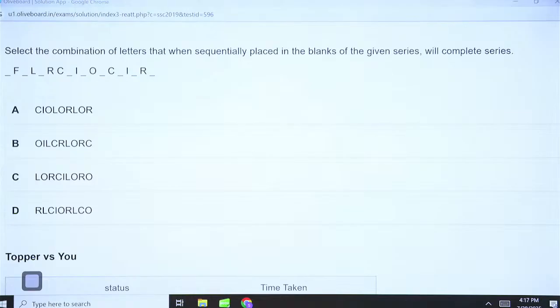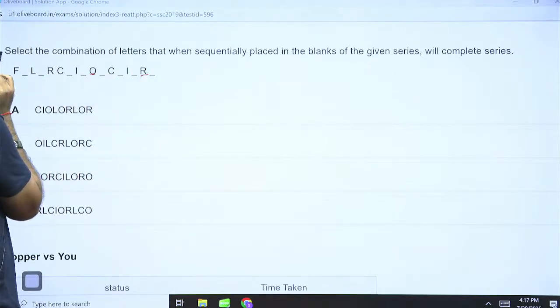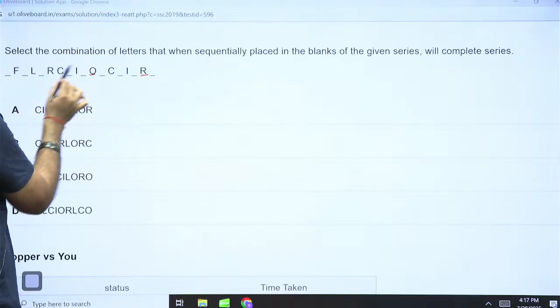I am not getting a particular logic here. C dash I dash O, C dash I dash O. So O and R, this is changing. Okay, but C dash I is okay.